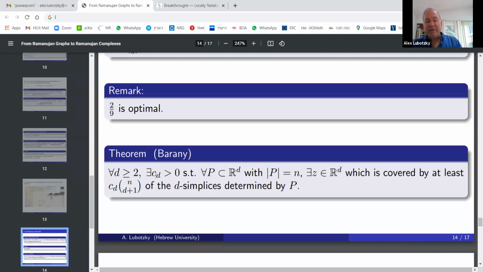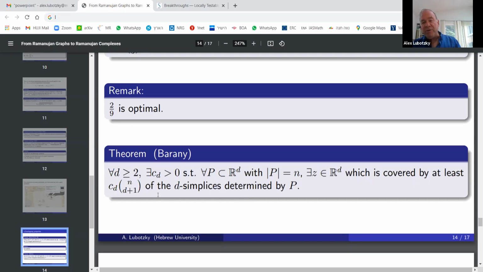Then there exists a constant c_d depending only on d, such that if P in R^d is a set with n endpoints, again, every d+1 points determine a unique simplex, then at least a linear fraction of them, depending only on d, meet each other.